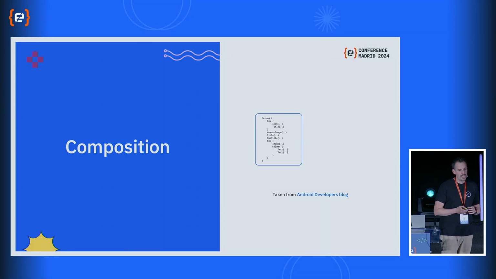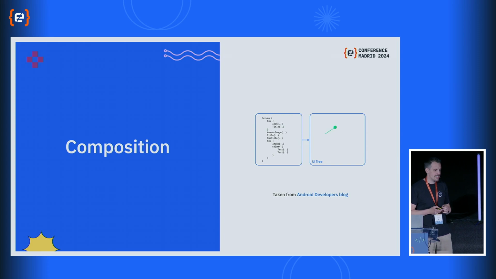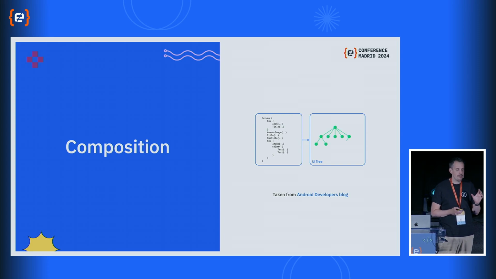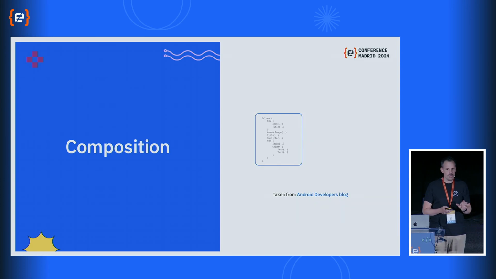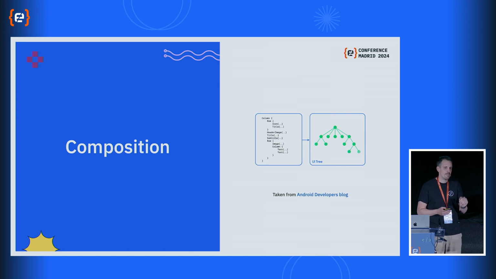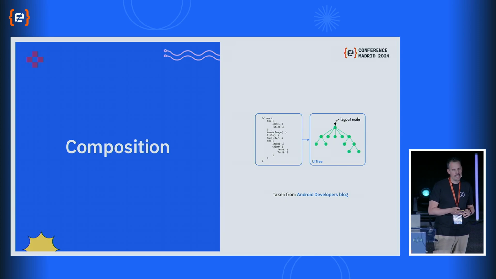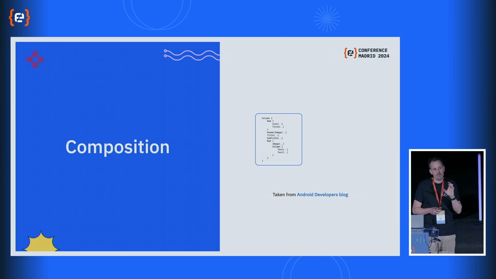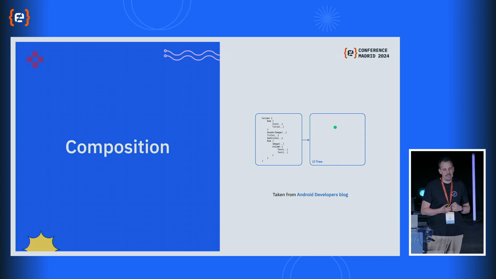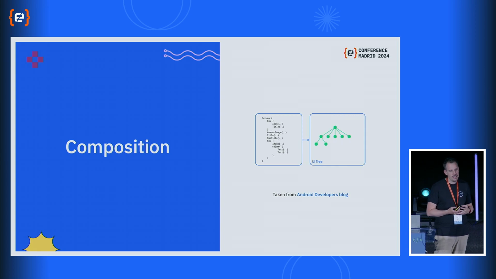The composition phase is the first one that happens, which will convert the compose code into a UI tree. Each node in the UI tree will represent more or less one of the composables that we have defined in the code. It's not exactly one by one, but for the sake of simplicity, you can think of it as this.